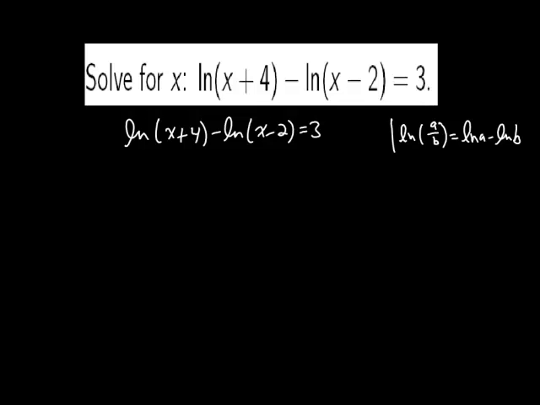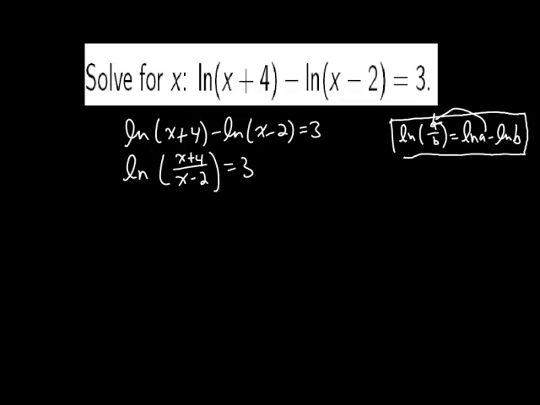So we're going to use that property of logarithms. We're going to go from this side to that side. So this subtraction here tells me I can rewrite this as the ln of x plus 4 divided by x minus 2 equals 3.